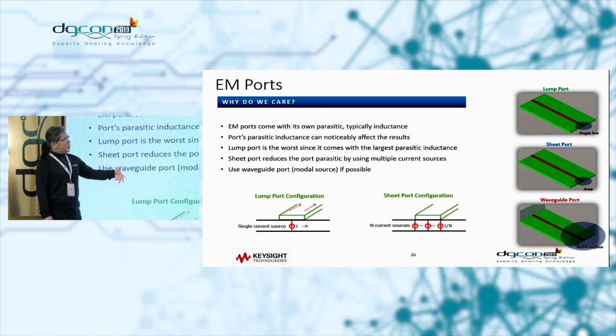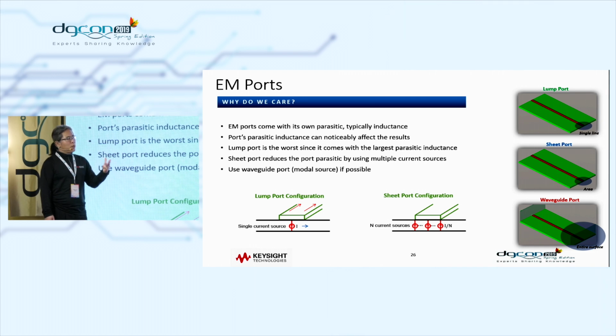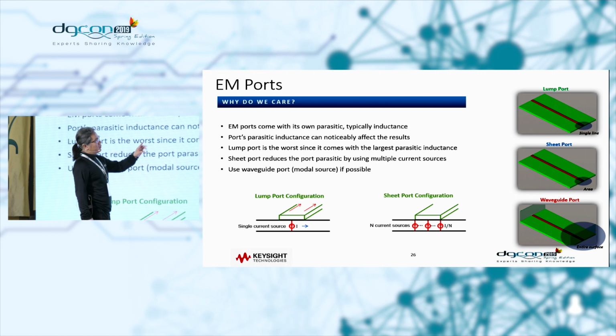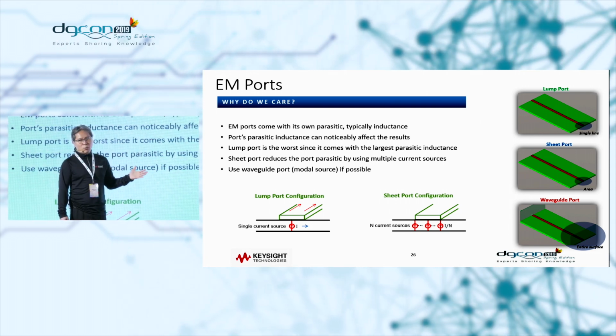And when you are going into channel modeling, especially using full wave EM simulation technology, you probably need to start to think about how you represent the ports. Why is that? It is because there are multiple types of ports. Some are called lump ports.